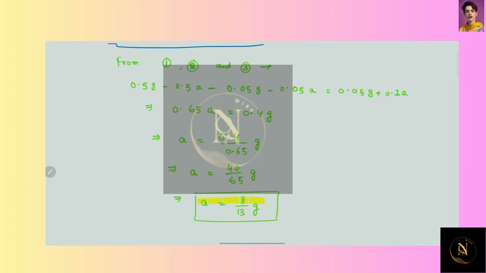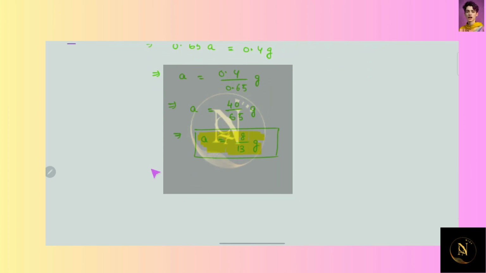So I will conclude that the 500 gram block will have an acceleration downward of 8 by 13 G.